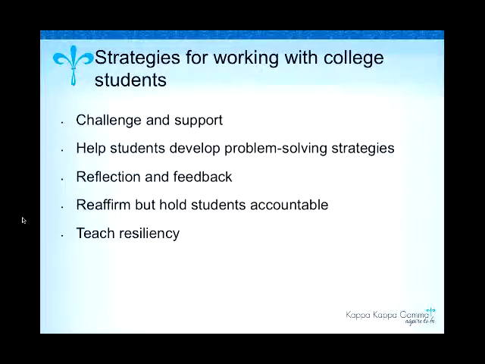I haven't mentioned parents yet, and I guess that would be considered a strategy for working with college students. I hope you all don't have to work with parents often. I hope you're able to work directly with the student, but probably there have been a couple situations where you have heard that a parent is not happy with the way something is happening or the way that their daughter was treated.